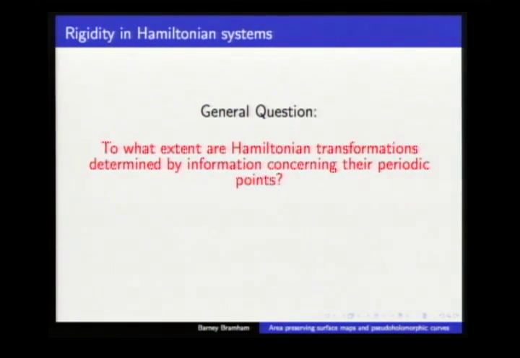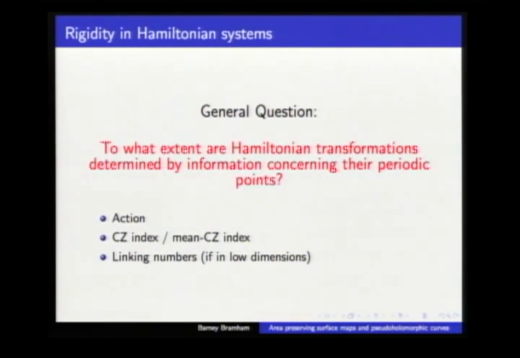This is very vague, and of course you're never going to know the whole dynamics in general from just the periodic points, that's clearly ridiculous. But what sort of information do I mean? Well, for example, the action, like in the theorem we just saw, and you could also say I want to know about the Conley indices of orbits, and if you're in low dimensions, which I will be, say the linking numbers.